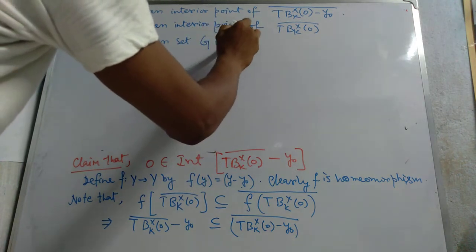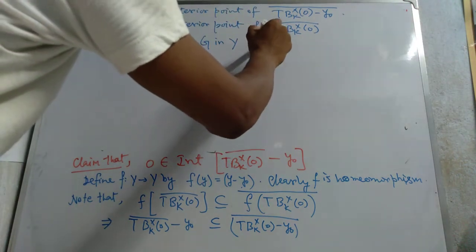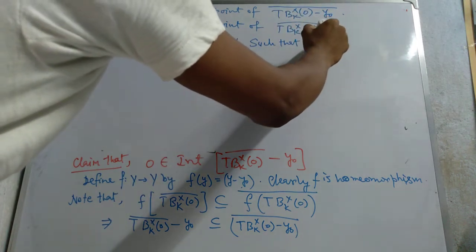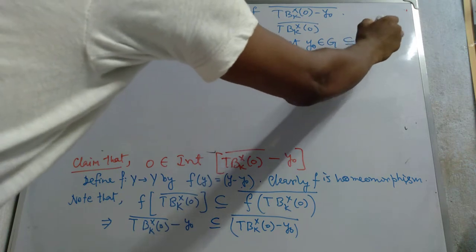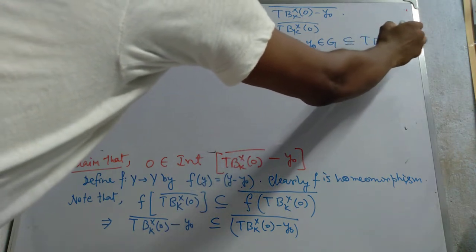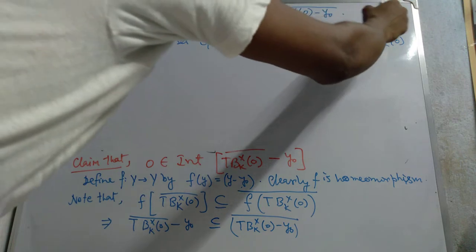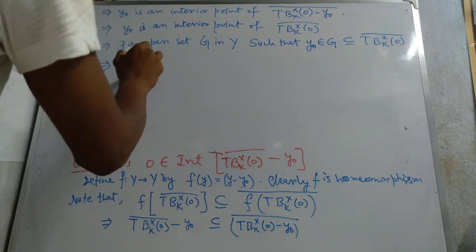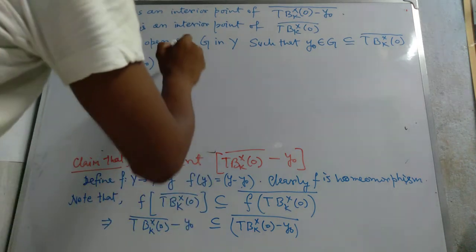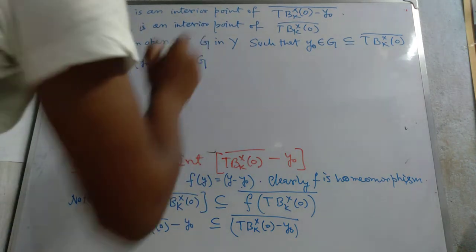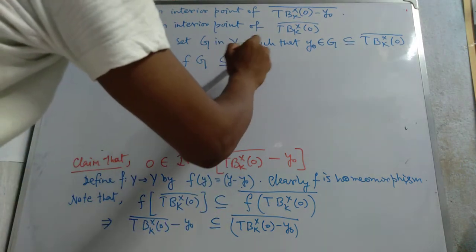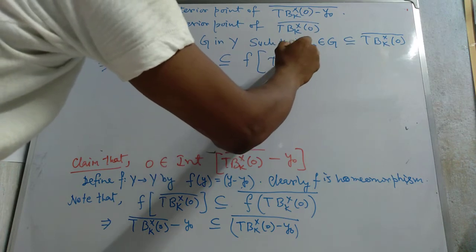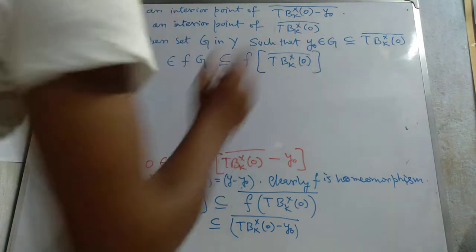such that y0 belongs to G, a subset of the closure of T(B_k(x0)). This implies that f(y0) belongs to f(G), a subset of f of the closure of T(B_k(x0)).